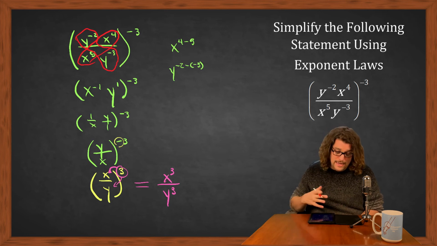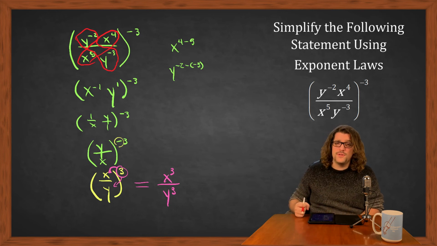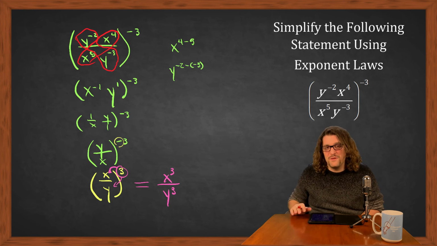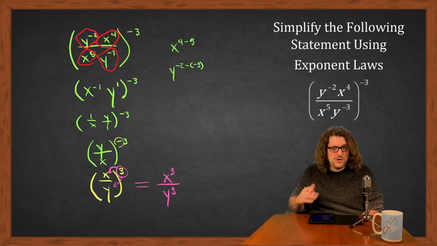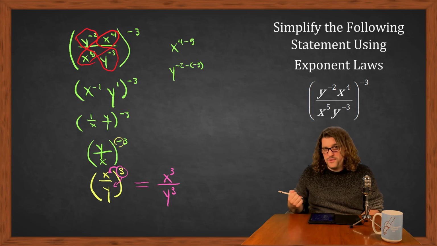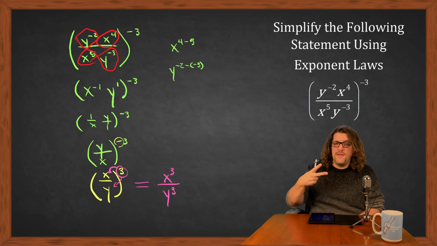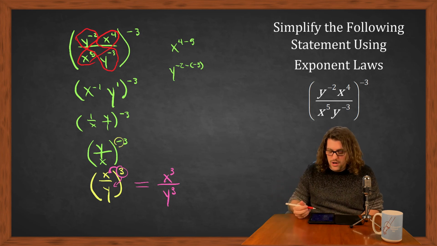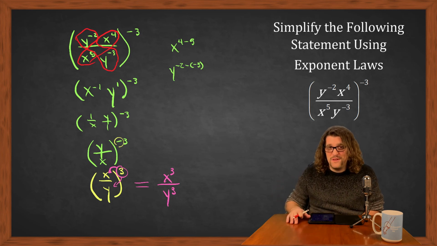That would also be something you would have to deal with if you had to multiply the exponents together, knowing that a negative times a negative is a positive, a positive times a positive is a positive, and a negative times a positive, or vice versa, is going to give you a negative answer. So just make sure you're brushed up on the way that integer operations work, and things should be okay as long as you remember that the negative exponent means the reciprocal, or the flip if you like to call it that.